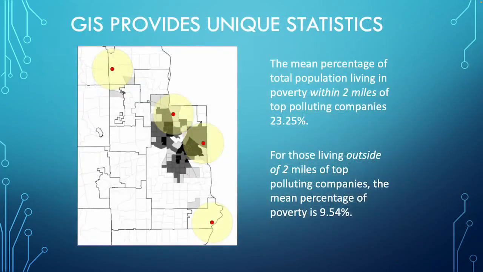And so one of the kinds of analysis that we could do based on these data, so here's a little bit zoomed in on the map, is comparing the poverty level of the area within 2 miles of an area producing pollution, to the poverty levels outside of that area. And so the red dots are the polluting companies.